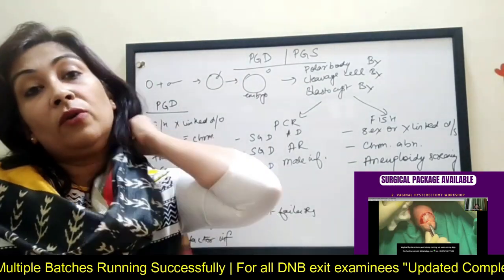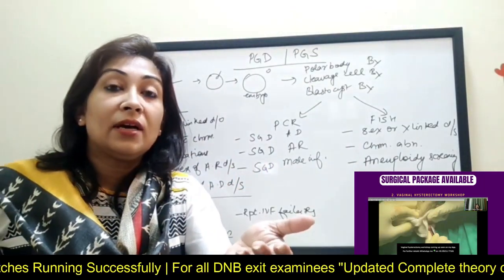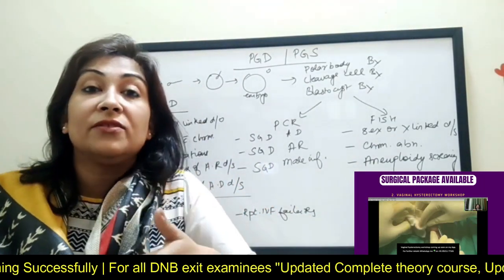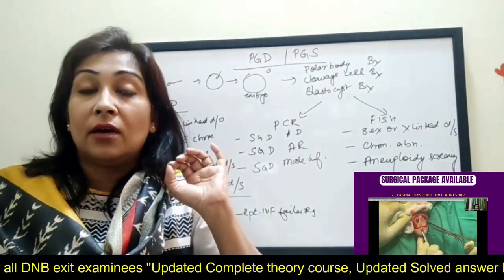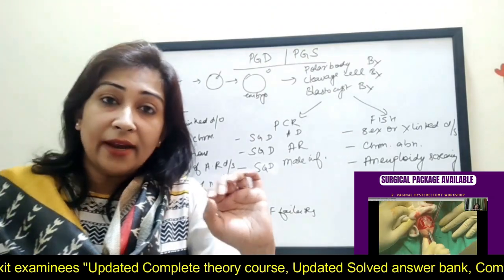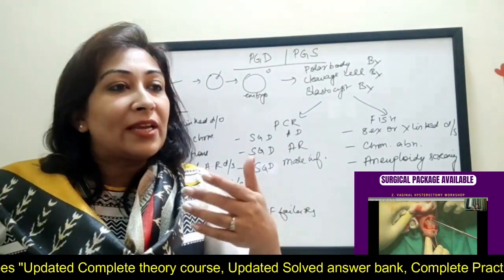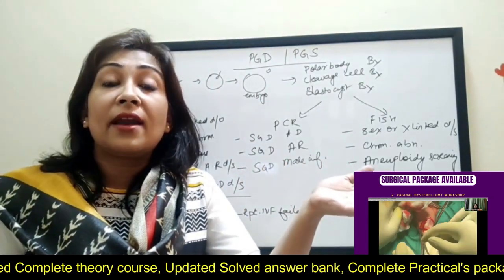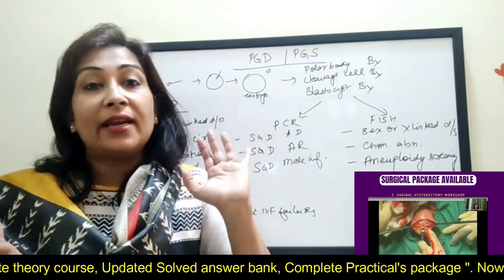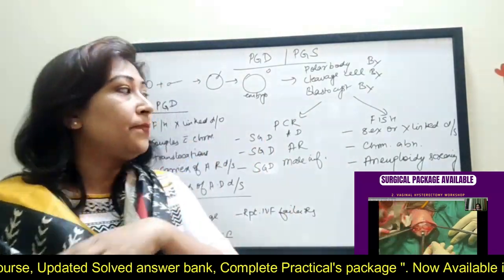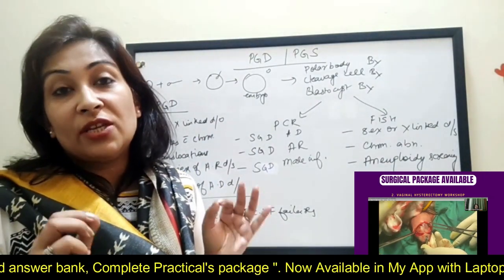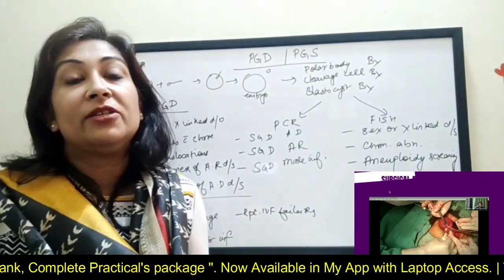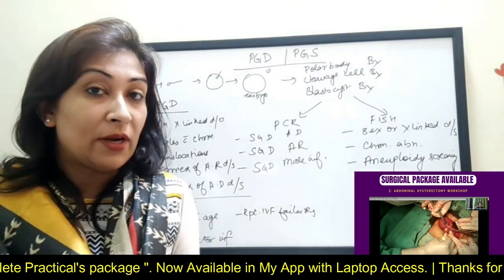So now they will go in for implantation testing, and then transfer only those embryos which are healthy genetically. Later on, there are many diseases that are multifactorial, but genetically they are okay, so they'll be transferred. So this is the difference between pre-implantation genetic diagnosis and pre-implantation genetic screening. I hope you understood that.